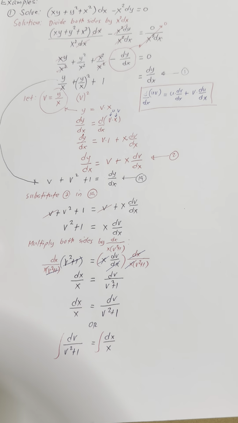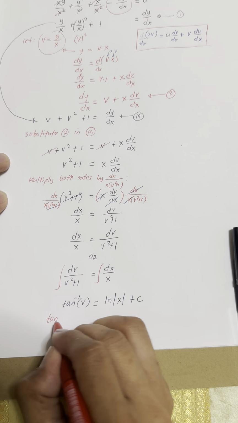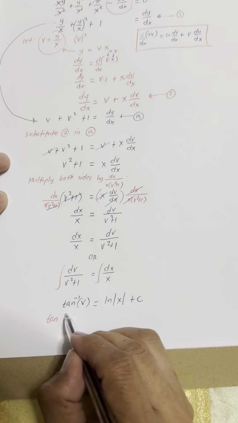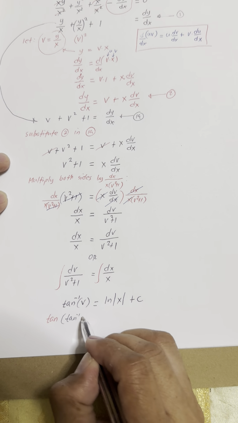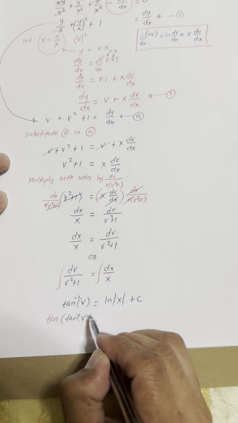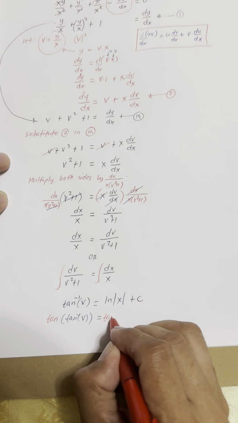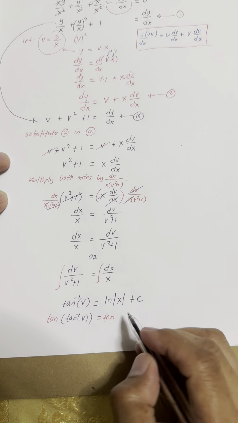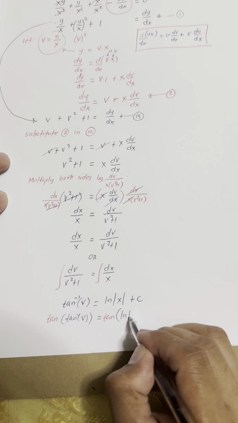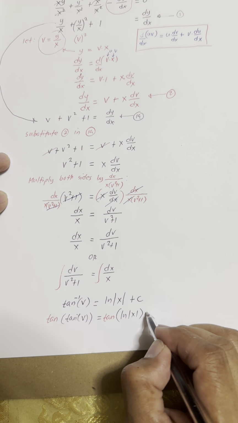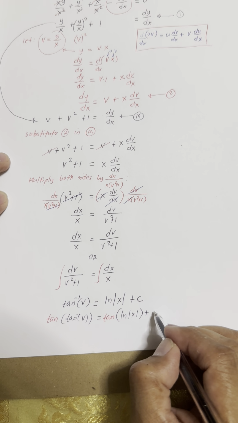Okay, then if you take the tangent on both sides, so we have tangent of the arctangent of v equal to tangent of ln of x plus c.